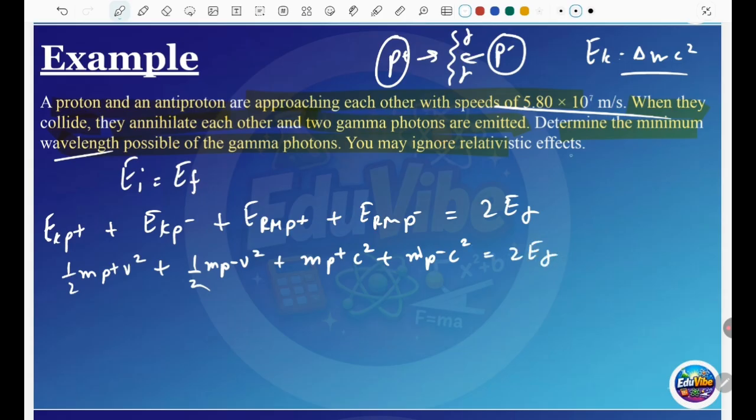From here you can know that this term is equal to this term, which is equal to the mass of the proton.